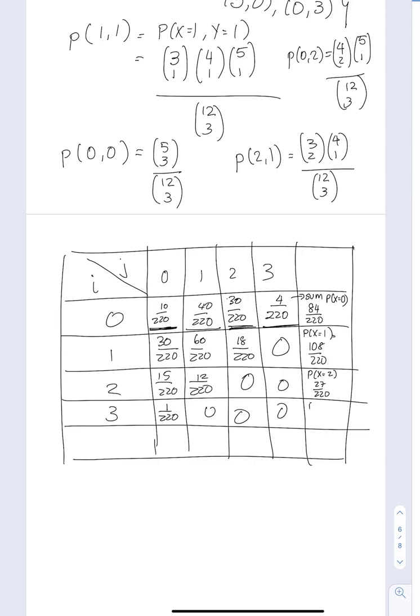And there's only one. This is the probability X equals 3. That is 1 over 220. Similarly with the columns. When you add up the columns, you're going to get the probabilities of Y equals j. So this is row sums, which gives you the probability of X equals I. And in the column sums, you'll have the probability of Y equals j.